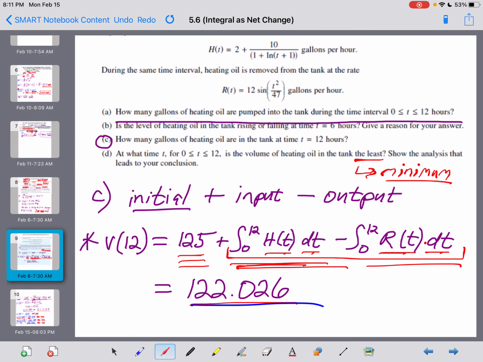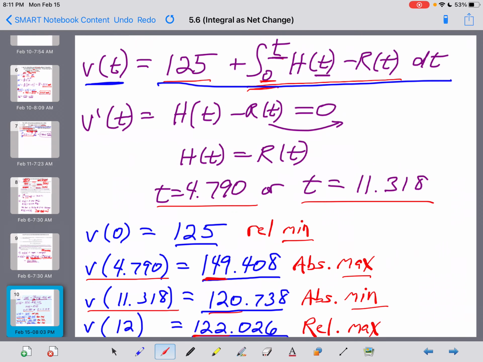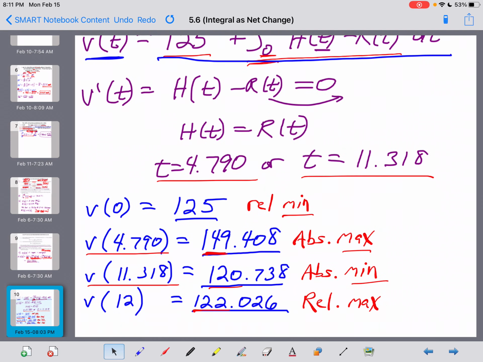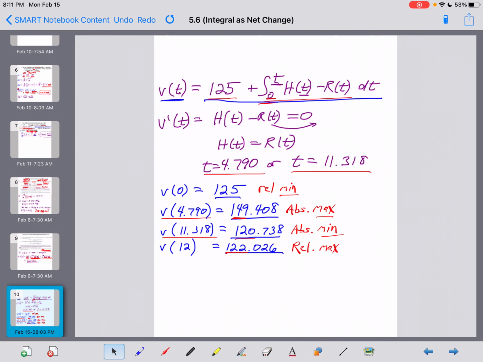Now, let's make sure we're answering this question correctly. Question D is asking us, at what time is the volume of heating oil in the tank the least? So they're not asking what is that minimum volume, they're asking you at what time. So we would have to answer the question thoroughly. Oh man, this is a pain, sorry.